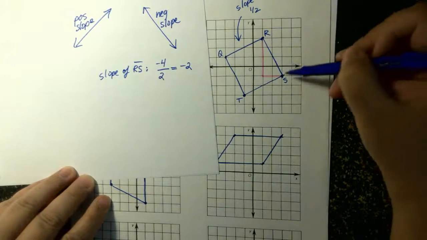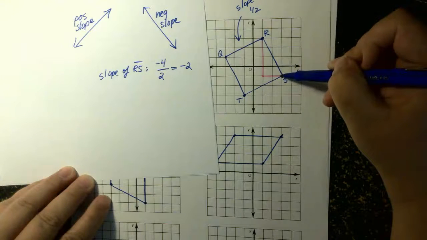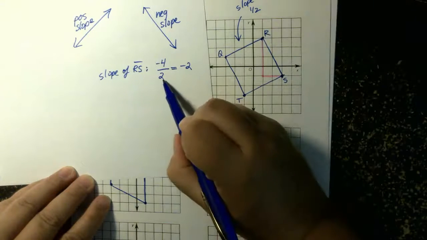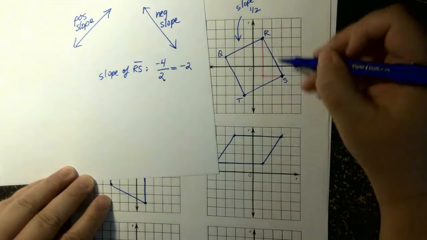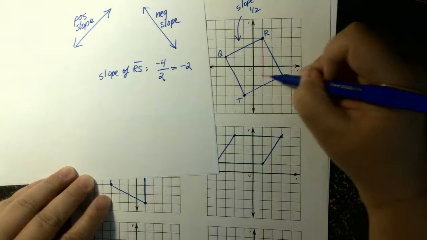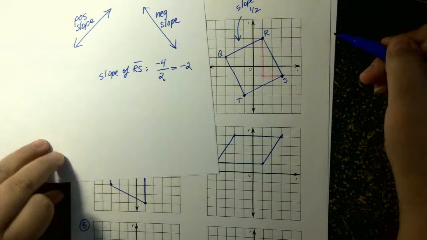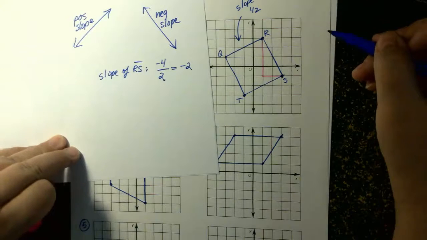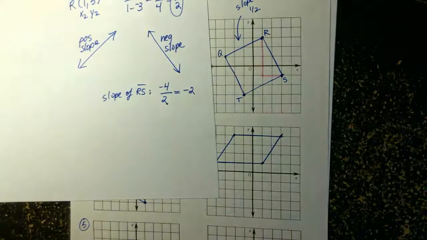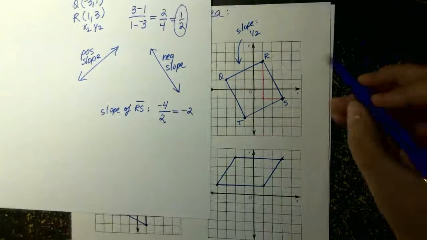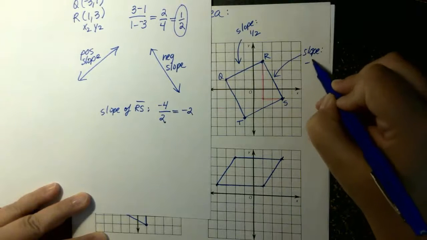You would get the same thing if you started at R and went right first and then down, as long as you remembered to put the right first in the denominator. The left and right goes in the denominator, the up and down goes on top. Up is positive, down is negative, left is negative, right is positive. So this is a slope of -2.